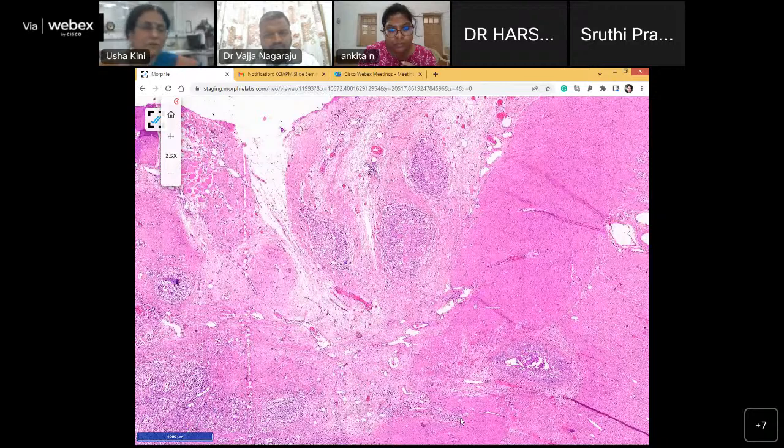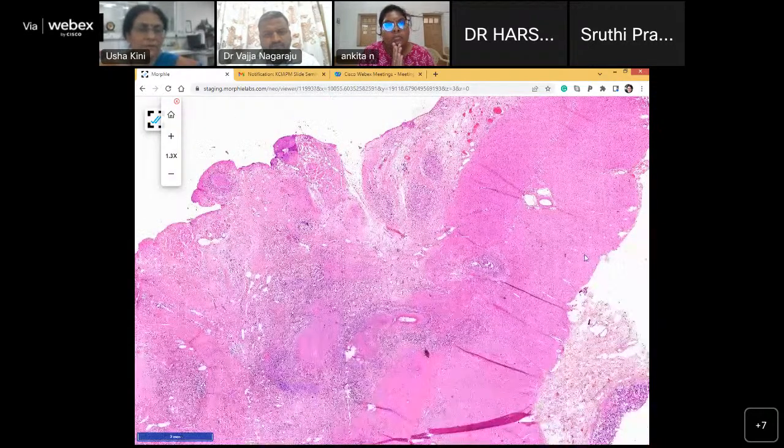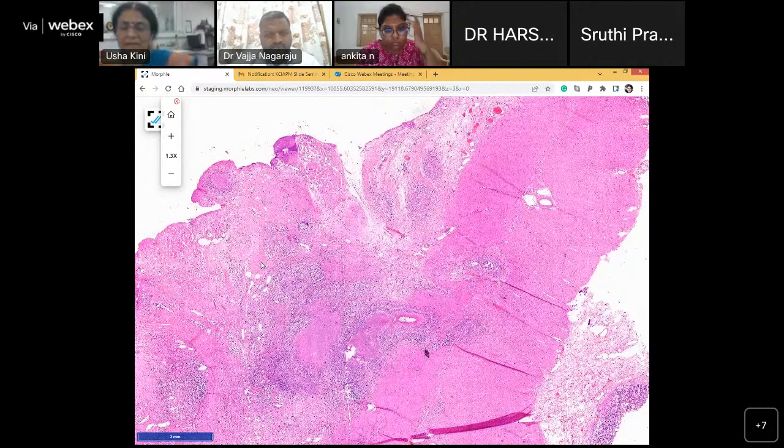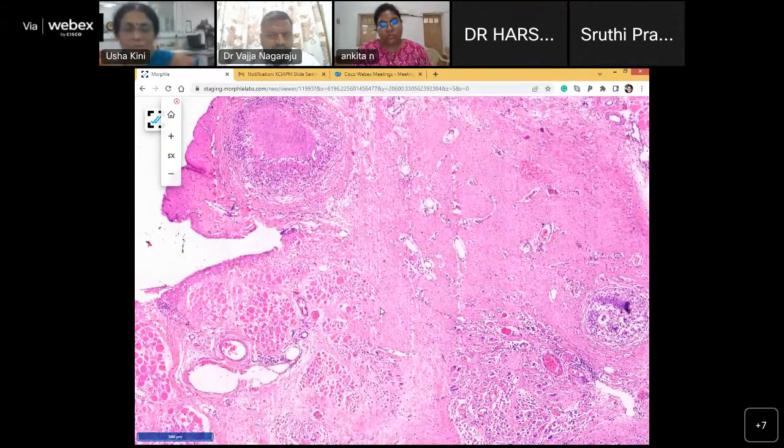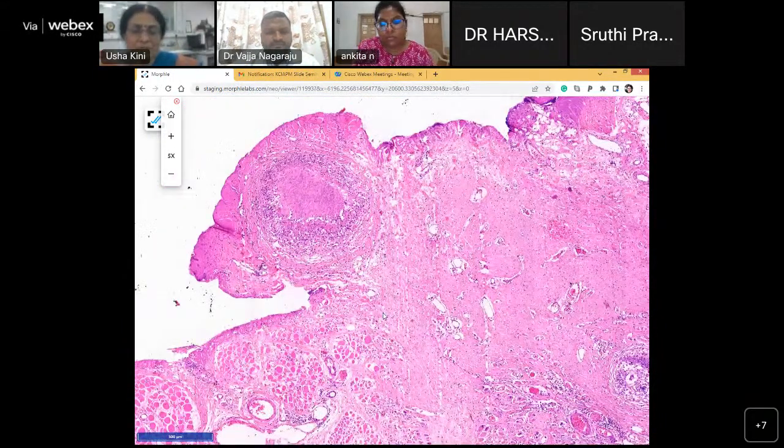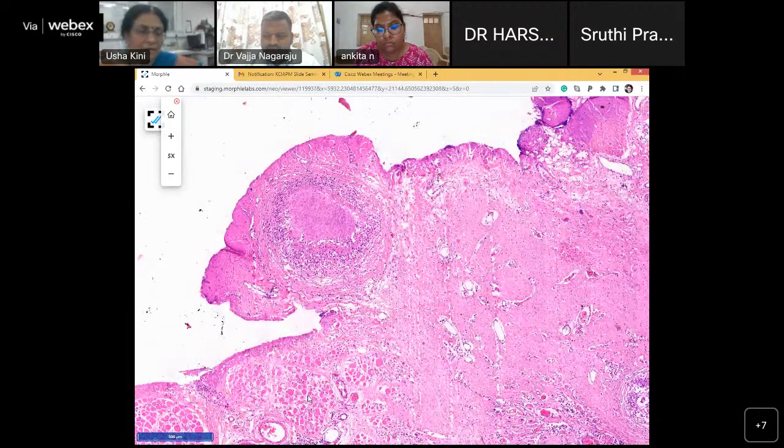Now, as Nagraju rightly pointed out, there is a granuloma sitting in the serosa. There is skeletal muscle, which is abdominal wall muscle, after the stoma, so it is not the anal. Here you have multiple small granulomas.